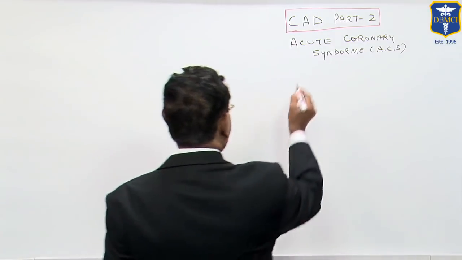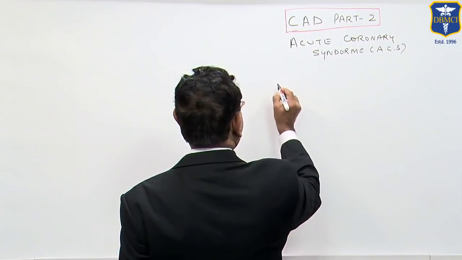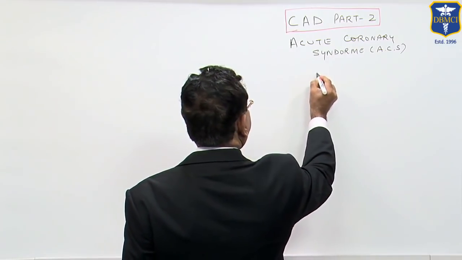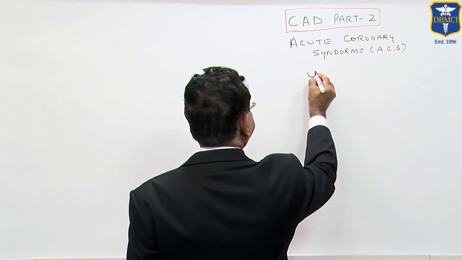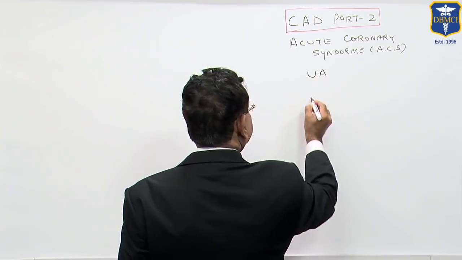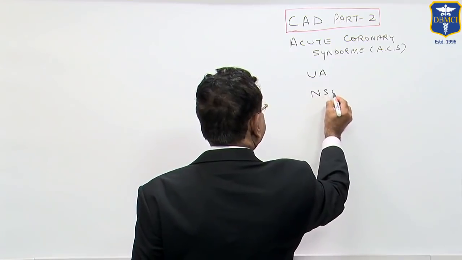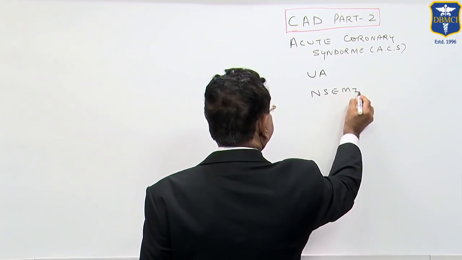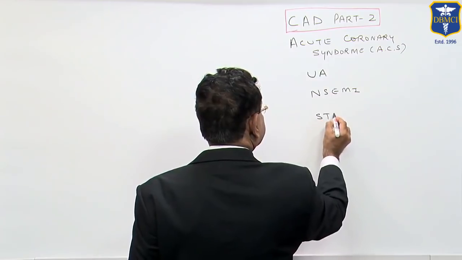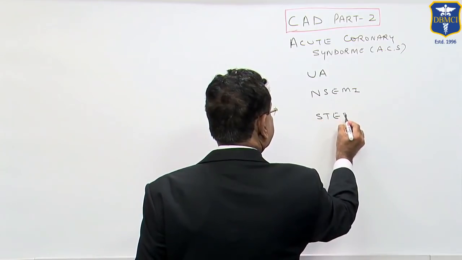What are the things included in acute coronary syndrome? Unstable angina, non-ST elevated MI, ST elevated MI.